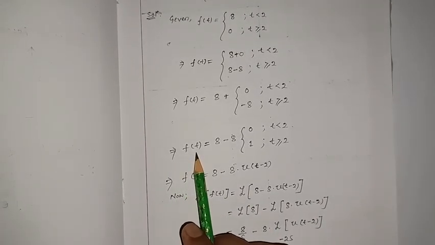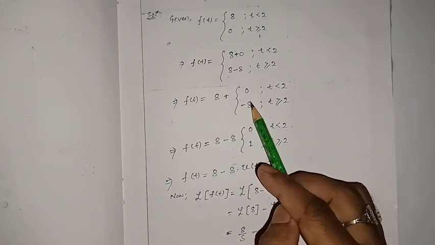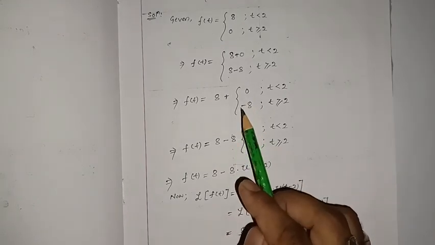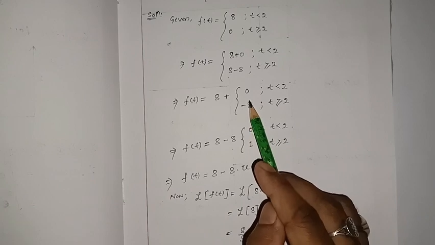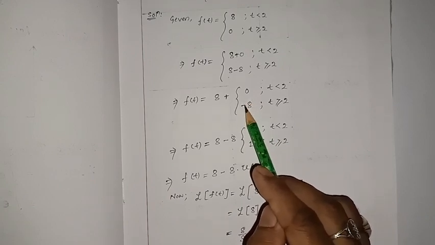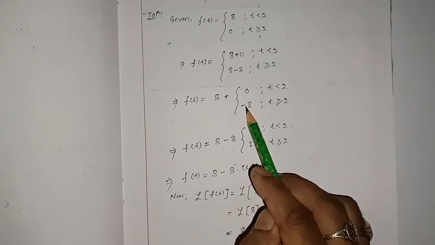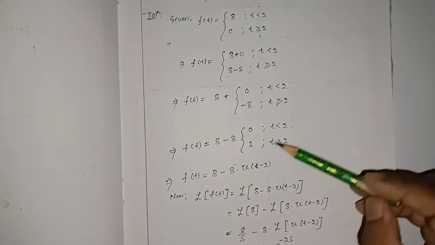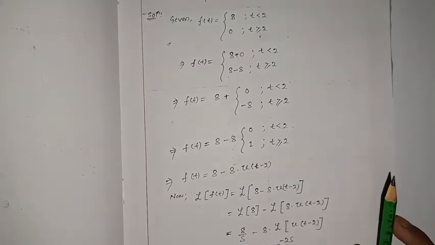That implies f(t) equals 8, and here I am going to take minus 8 common from these two terms. So minus 8 common: from the 0 it will be 0, and from the minus 8 it will be 1. So minus 8 taken common from these two terms: 0 for t less than 2, 1 for t greater than or equal to 2.